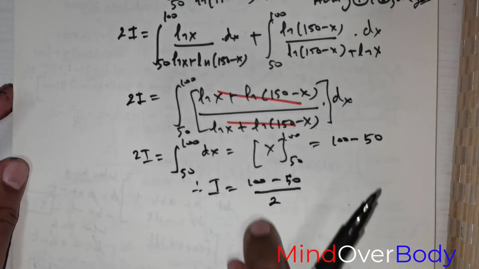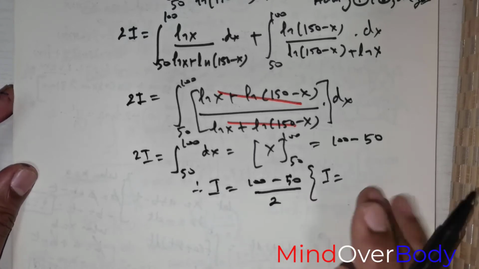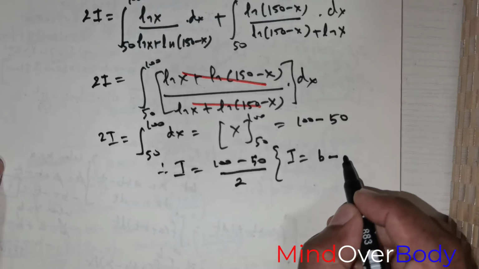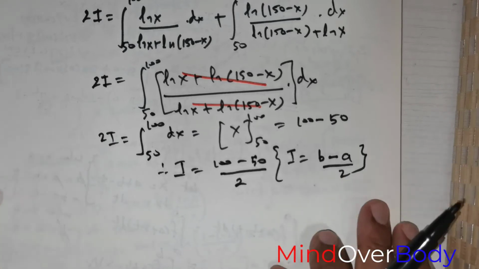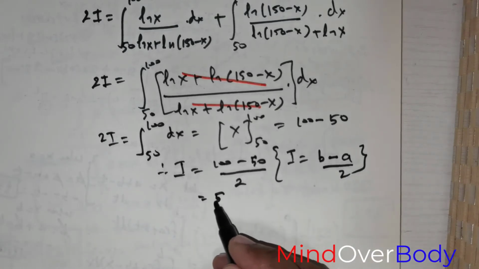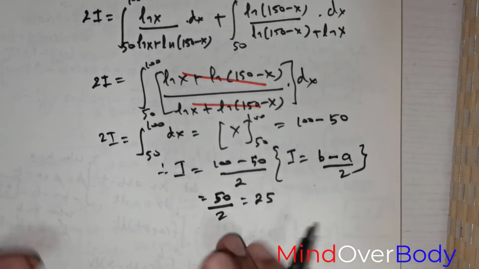So remember, this is the standard formula. I can also represent this formula as I is equal to (b minus a) divided by 2. Of course, the solution can easily be obtained once we apply this, but I just want to show you how exactly we are able to get this. So this is going to be 50 over 2, which is equal to 25.